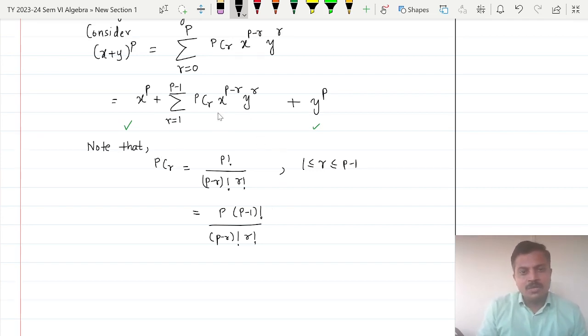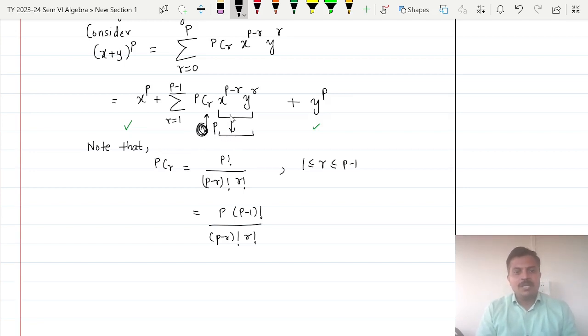Why? Because you can see that this is an element of a ring, and if p divides this quantity, then I can write it as p times some quantity, multiplied by an element of the ring. So p multiplied by an element of the ring will be equal to 0, because the characteristic of the ring is p, right?